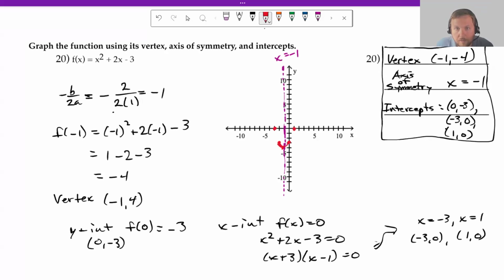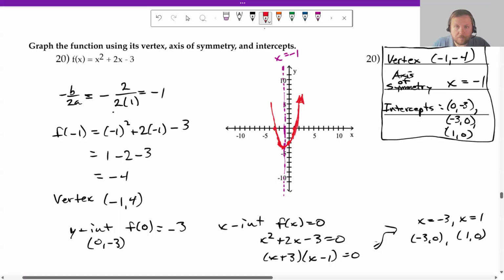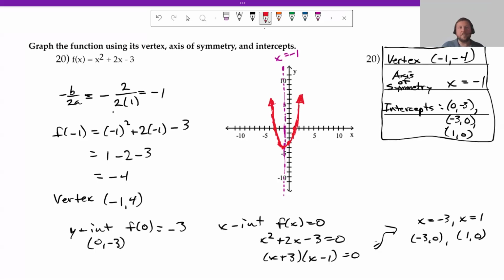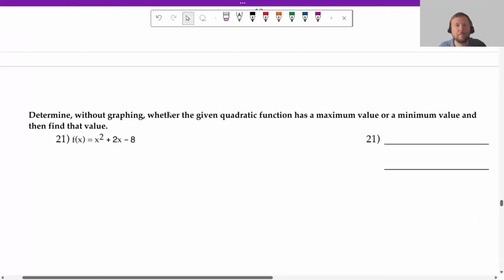Okay, and then there's our sketch. I've definitely drawn better. Okay, good enough. I don't know why that's a double arrow. All right, I'm happy with that.